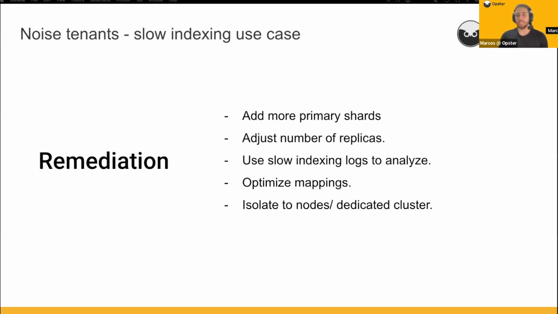Once the noisy index is identified, it's time to fix it. So here's the remediation. You can apply one or many of these items. Just at a high level, add more primary shards or adjust the number of primary shards.